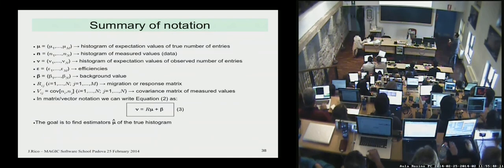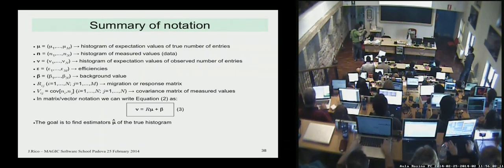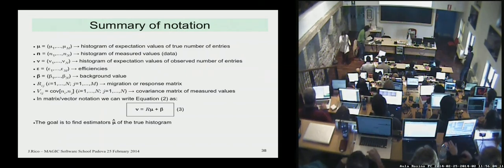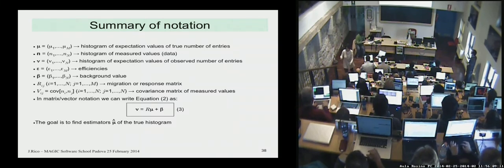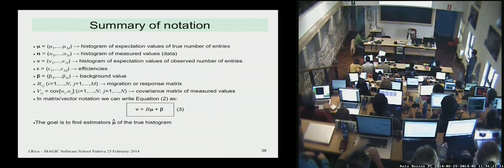So this is a summary of the notation, just to make it clear what we are talking about once again. We have a vector of m values of mu, which is the histogram of expectation values of the true number of entries. This is what we want to determine. The vector n is the histogram of measured values, the data. Nu is the histogram of expectation values of the observed number of entries, so nu is the expectation value of n.